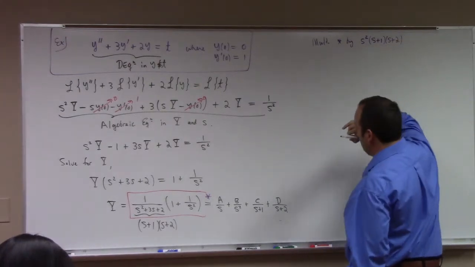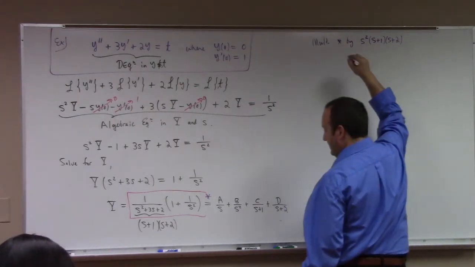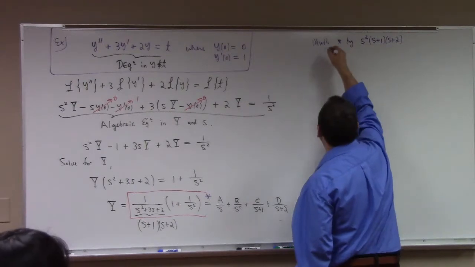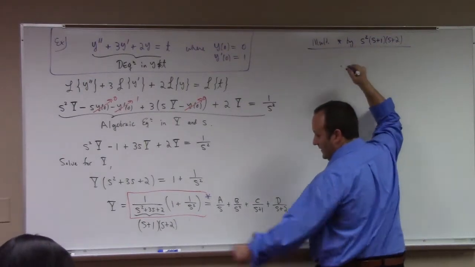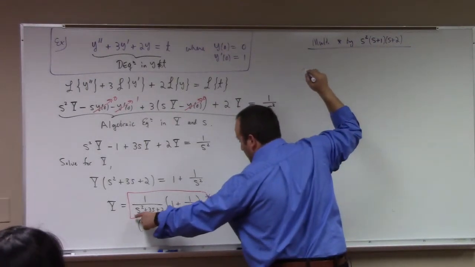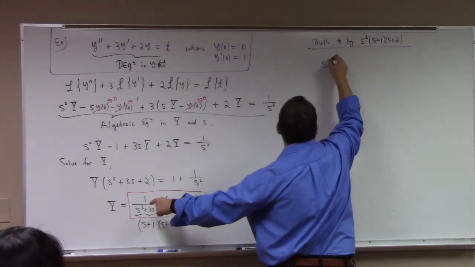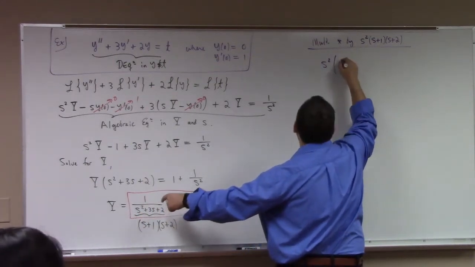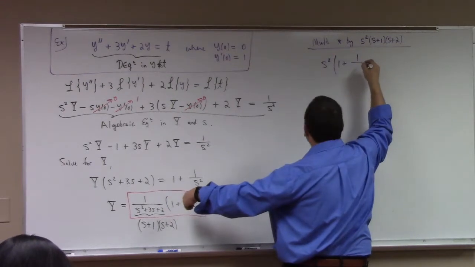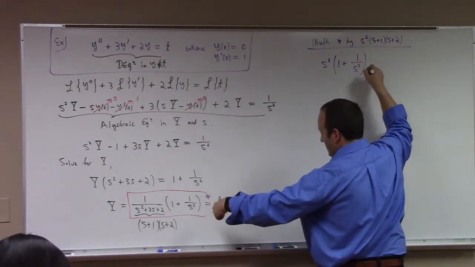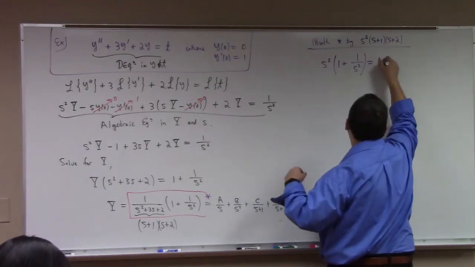What happens when I do that? I get that term cancels, and I'm left with s squared times 1 plus 1 over s squared equals a times what?